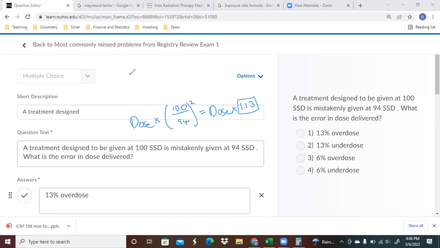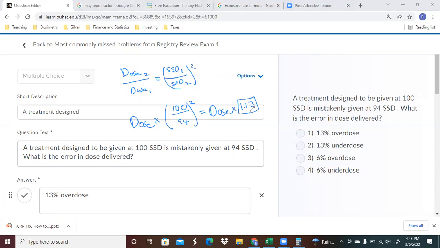And this right here is what they're referring to. Again, this comes straight out of the inverse square law, where the dose is going to be proportional to the SSD squared.